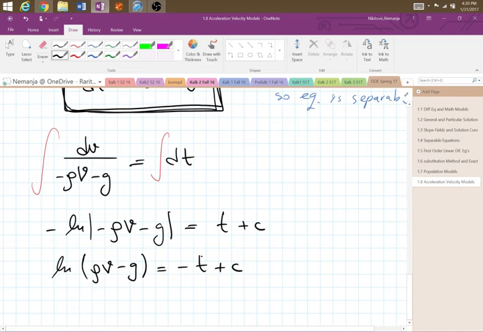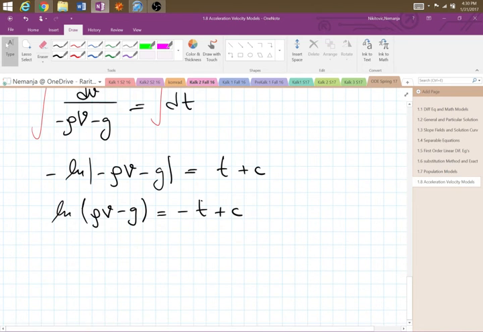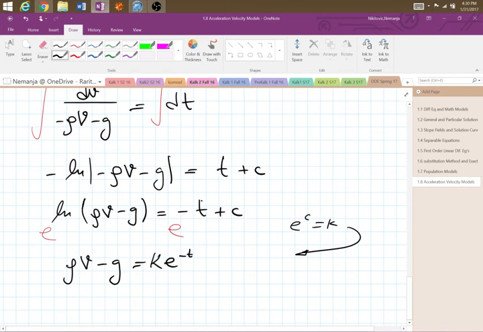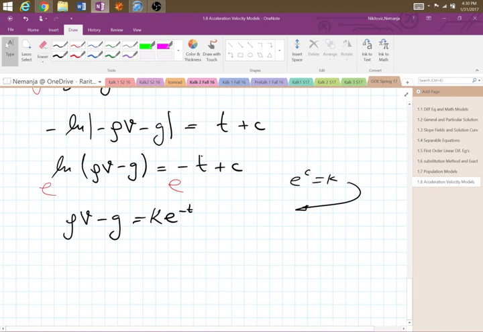E both sides. We have rho v minus g is equal to e to the negative t, and then there's some constant now, e to the c is k. And we can solve for velocity here.